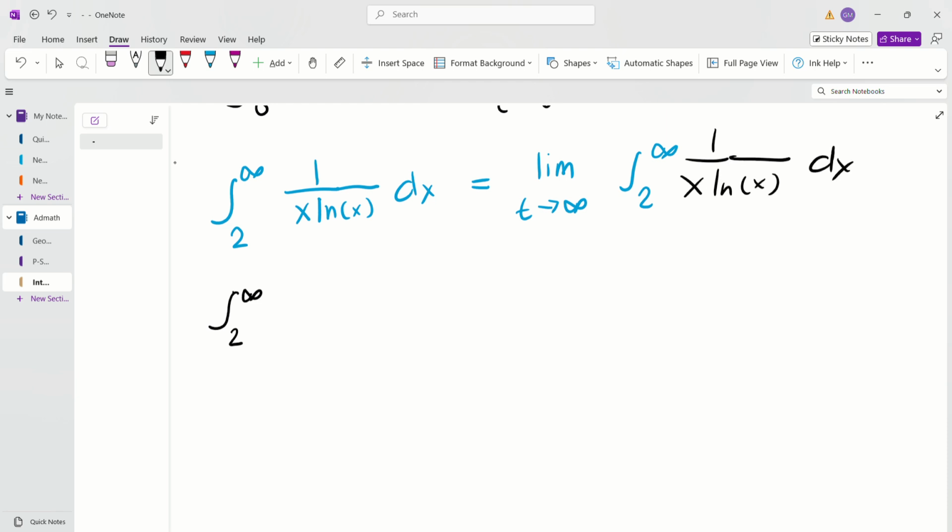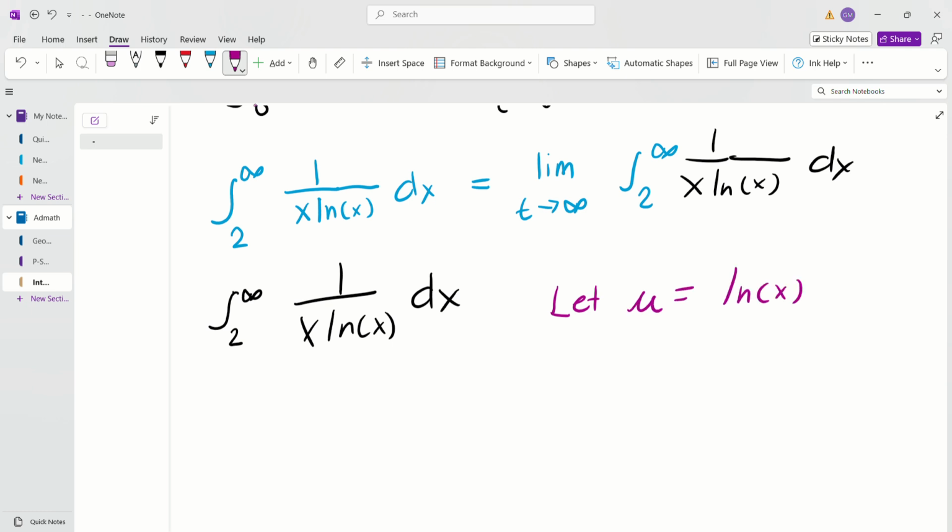So we use substitution. Let u equal ln of x. If we differentiate, we have du equals 1 over x dx.